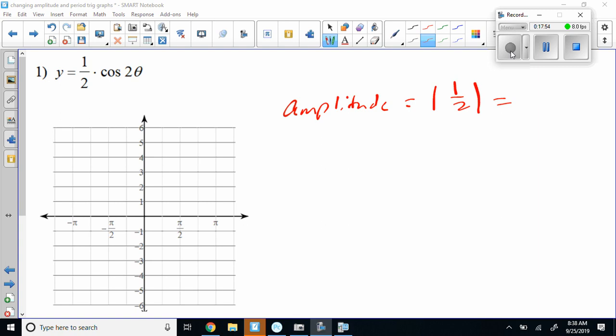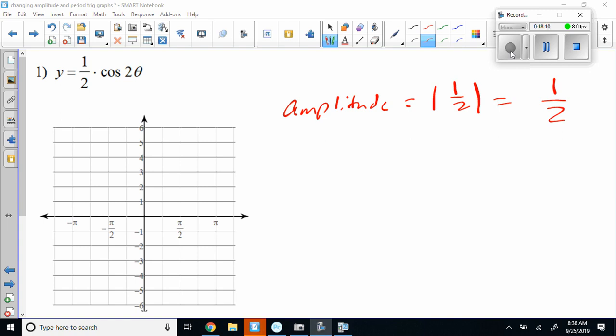It is a distance, and distance can never be negative. So no, it can't be negative 1/2. The amplitude is 1/2, right? You with me now? All right, good.